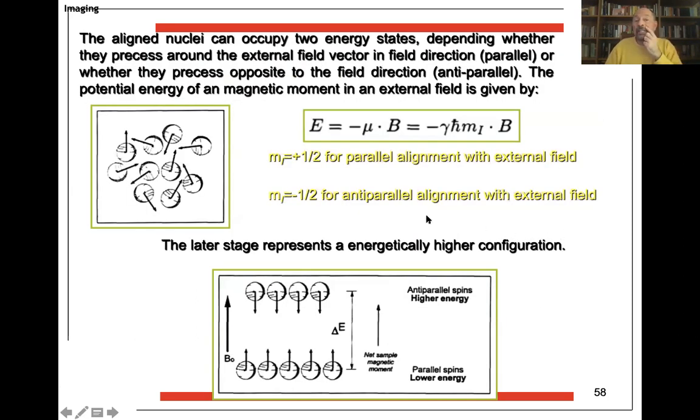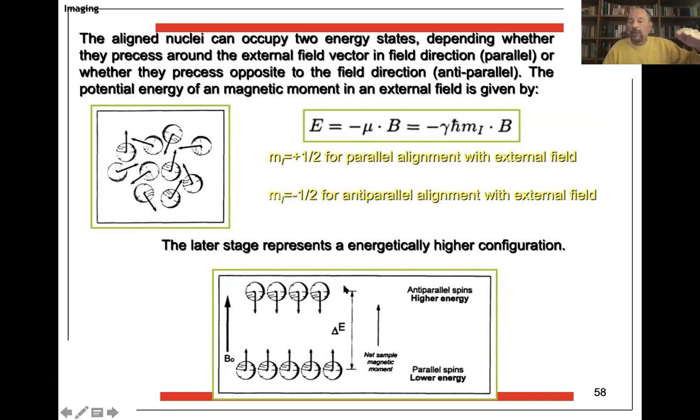Now, what is the idea now? These nuclei will align on the magnetic moment. They will have an energy, of course. The energy of the magnetic moment is minus μ·B, or given by this formula. And so they have essentially two energetic states.